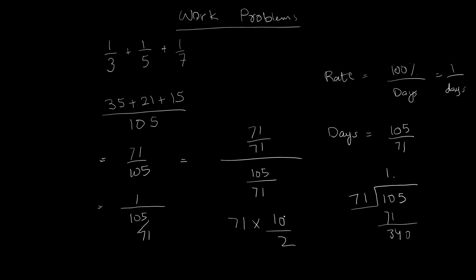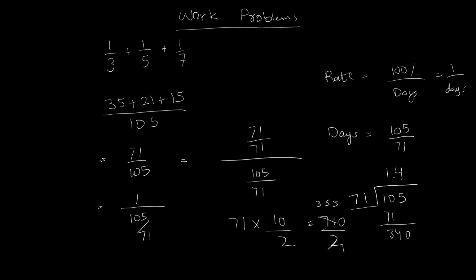Multiplying with 10 is a lot easier than multiplying with 5, because you just have to add a 0 and nothing else. So it will be 710. Divide by 2. Dividing by 2 is also very easy: 2 goes into 7 three times, 2 into 10 five times, and 2 into 10 five times again. So it's 355. Since we have 340, that means the answer is something around 1.4 something.